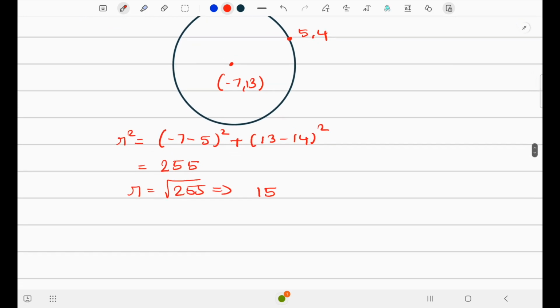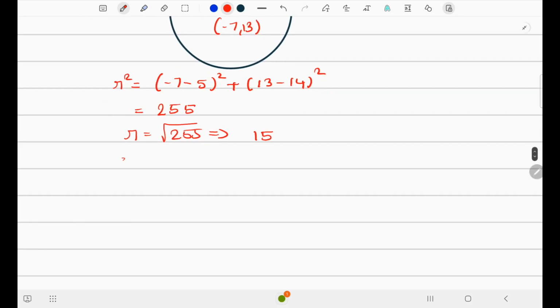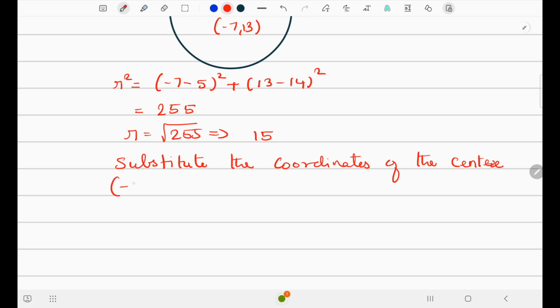Now, once you found the r, substitute the coordinates of the center -7, 13 and r square equals, sorry, I had a mistake, that's why I was wondering.